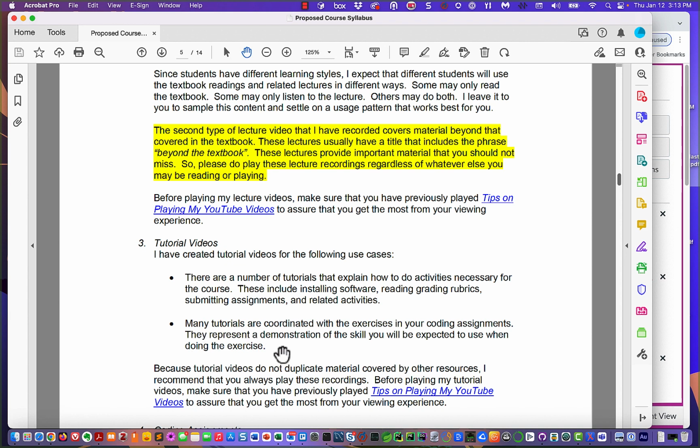And then there are a lot of tutorials coordinated with the exercises in your coding assignments. Usually you get to watch me do a similar program, and you're allowed to consult with what I did when you create the solution to the exercise that you're going to do, which is similar but not the same.